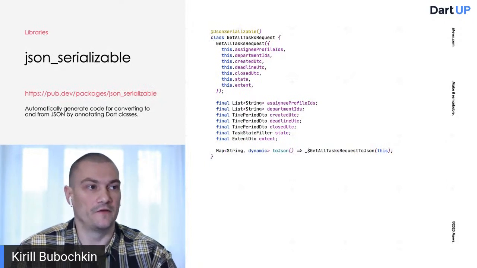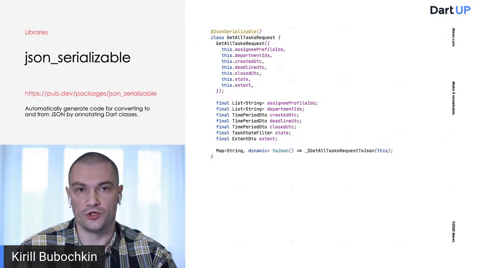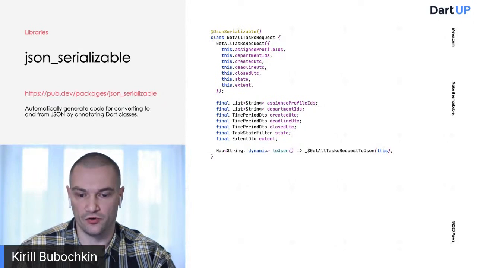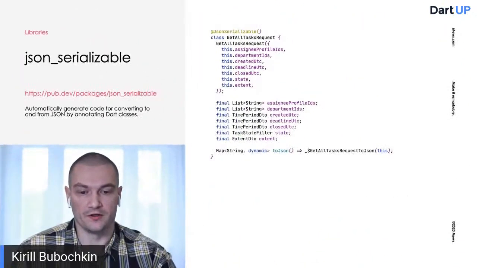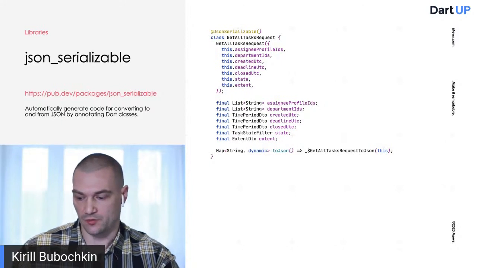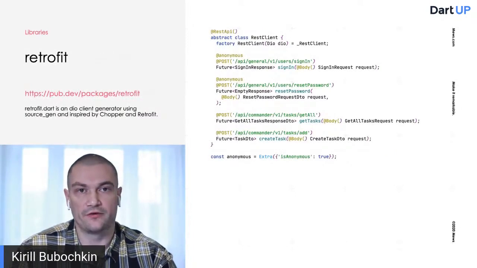Another library that is heavily used mainly in the API layer is json_serializable, which is again based on code generation, and it removes a ton of boilerplate for defining your DTOs and making them serializable and deserializable. Together with that comes the Retrofit library.